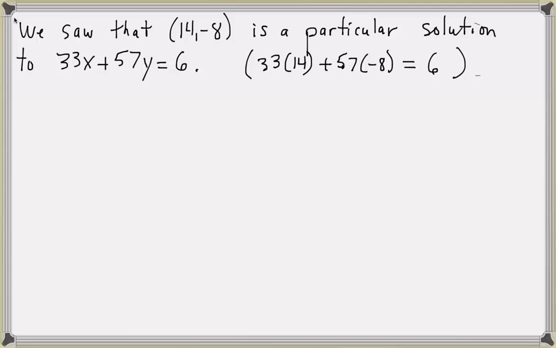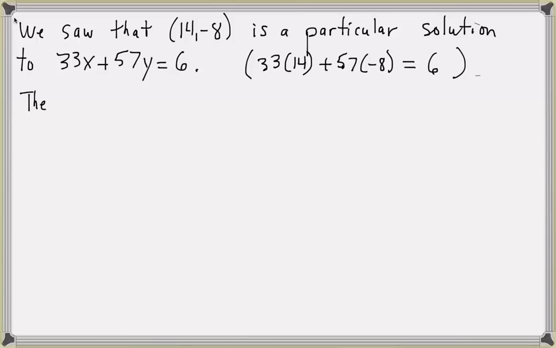Okay, so we found a particular solution, but it turns out that we can write an infinite number of solutions based off of this particular solution. So we're going to find what we call the general solution. I'm going to show you what the general solution is first, and I'll show you how to get it.